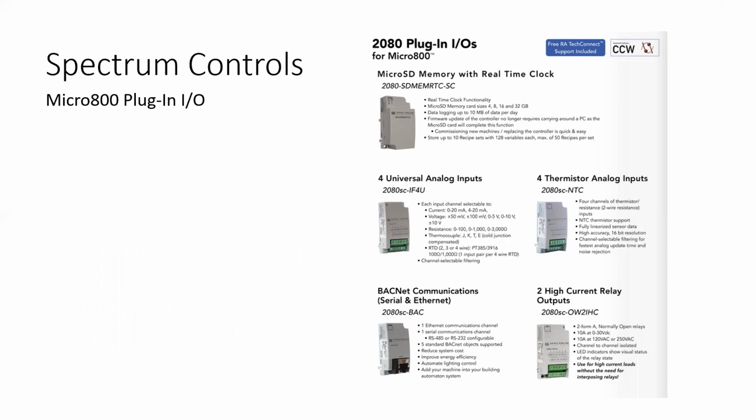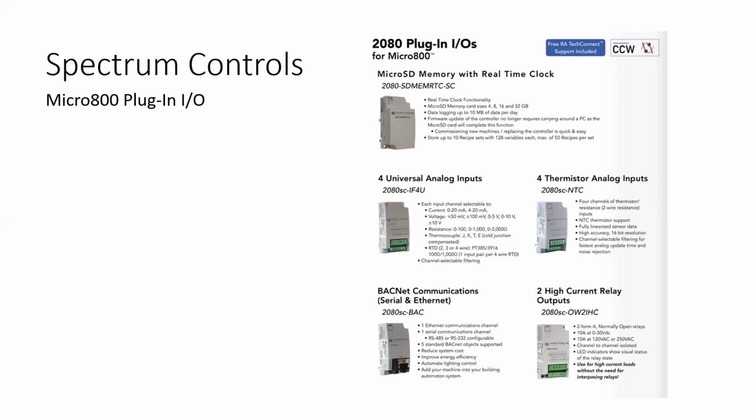Every time I talk about Micro 800s, we always talk about, in addition to what Rockwell makes, Spectrum has quite a few options of IO that really enhance the overall product. So we always like to talk about the Spectrum Controls modules.